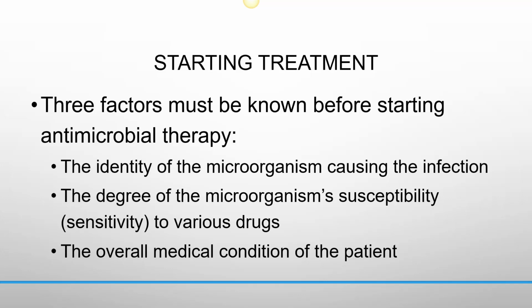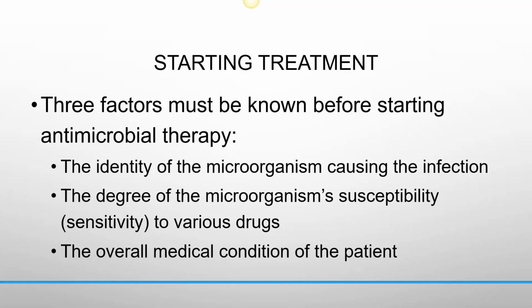The doctor has no idea what the identity of the microorganism causing the infection is, nor do they know the degree of the microorganism's susceptibility to various drugs. So they just give a drug without knowing what the microorganism is or if it's even going to work for that specific microorganism. That's a huge problem. We're exposing those microorganisms to drugs that won't even work.